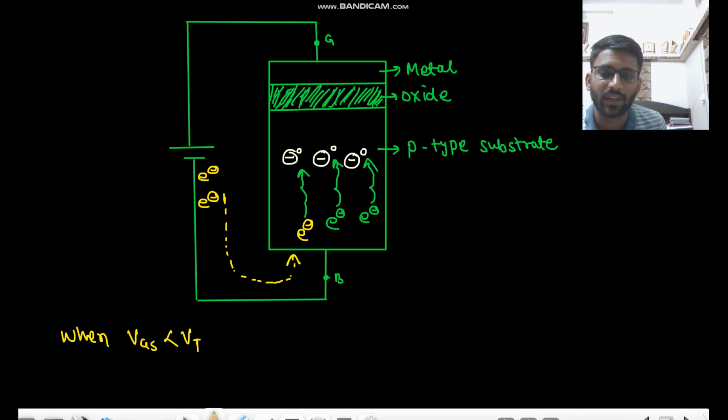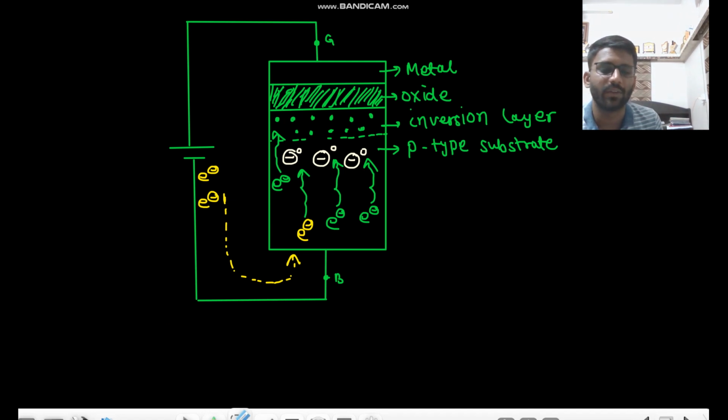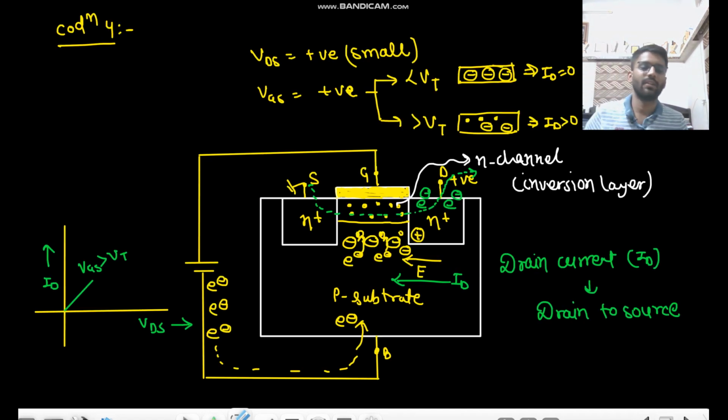Okay, now we have more electrons that will go there and make the inversion layer. Okay, this is the inversion layer. So that we have already seen, VGS less than VT, what happens and everything.